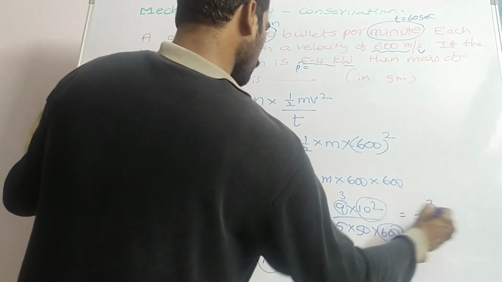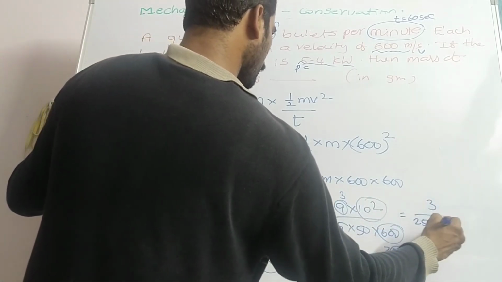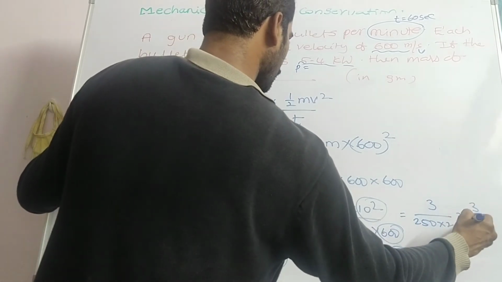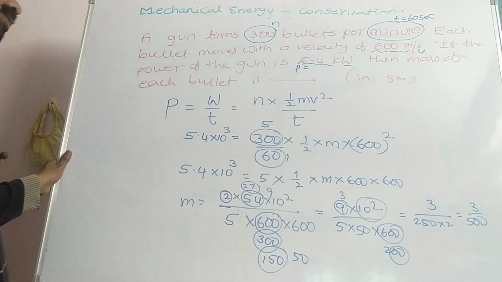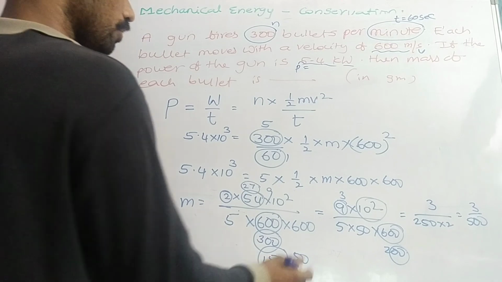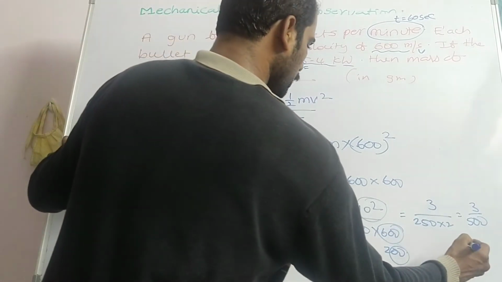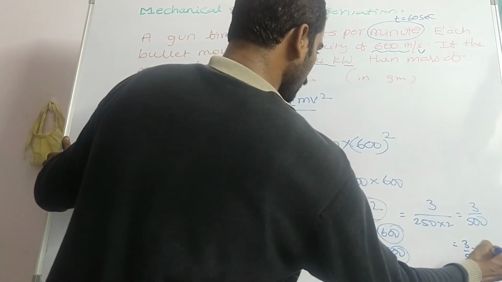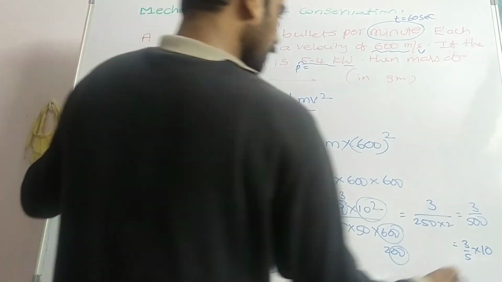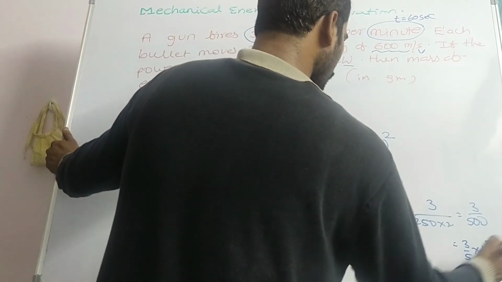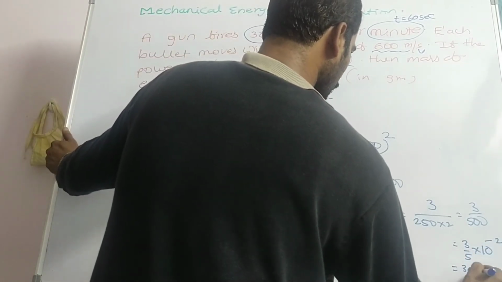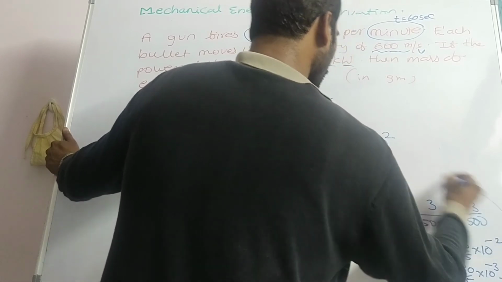That is equal to 3 by 250 into 2, that is equal to 3 by 500. 5 2s 10, 500. That is equal to 3 by 5 into 10 power minus 2. That equal to 30 by 5 into 10 power minus 3.